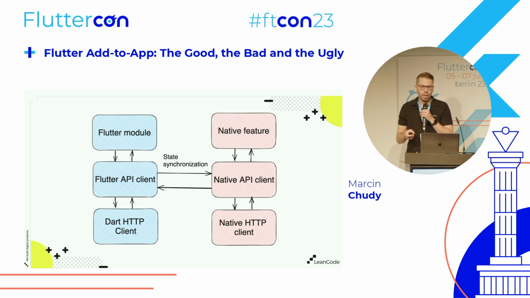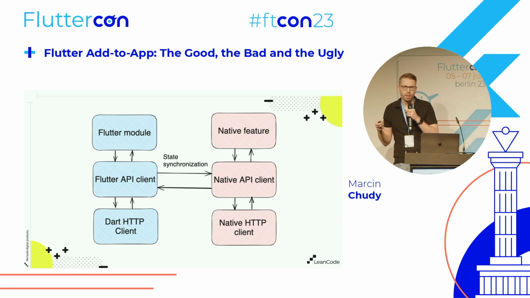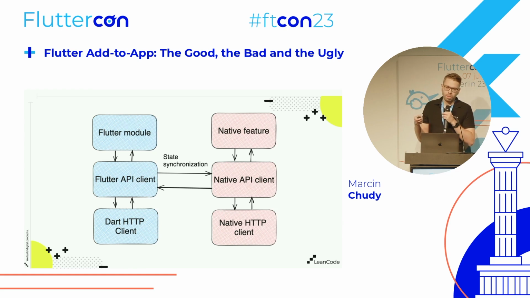And the other idea is just to use the Dart HTTP client and build a Dart implementation on top of it. But you will still have some places where you need to synchronize with the native API client. Basically, as I said, refreshing tokens, for example.